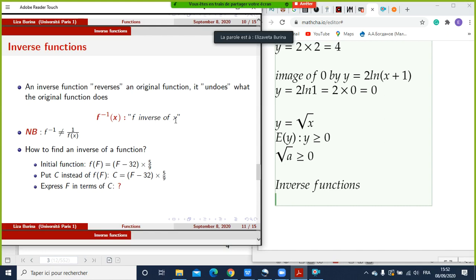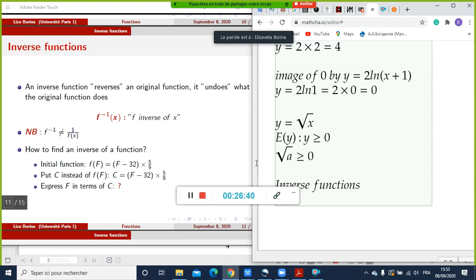So f of x was the initial function, here is f inverse of x. And obviously by now you should be absolutely okay with the way exponents work, and you know that anything to the power of minus 1 you just have to put in the denominator, but not in this case.